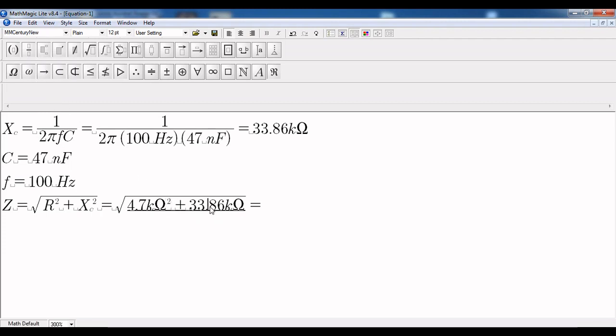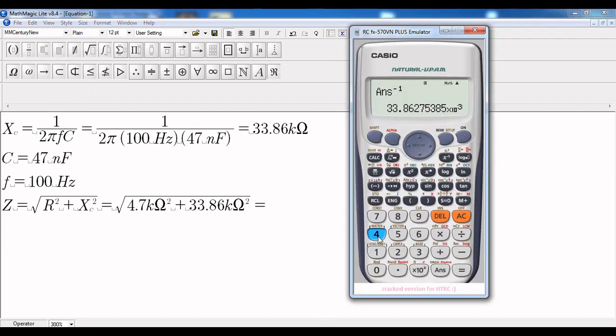This should be squared. And you should be squared as well. Where are you? There you go. So 4.7 x squared plus 33.86.